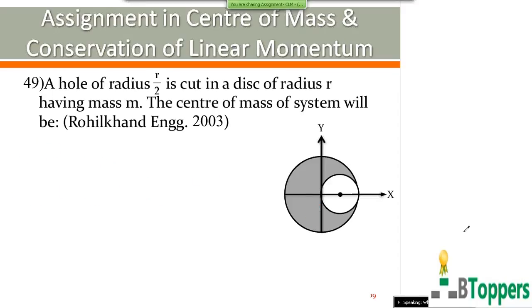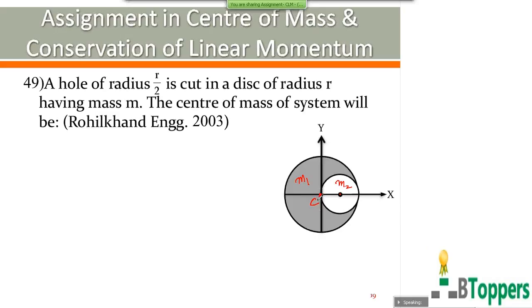So coming to the alternate method, let M1 be the mass of the remaining circular disk, and let M2 be the mass of the circular piece which is removed. If the circular piece which is removed from one edge is put back in the original position, the center of mass of the system of M1 and M2 will be at C, that means at the center of the original plate.